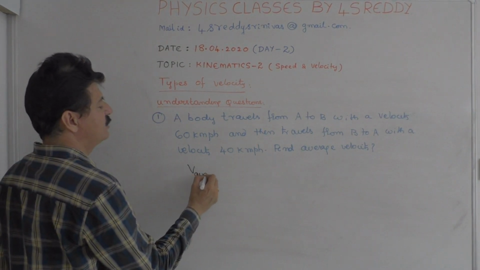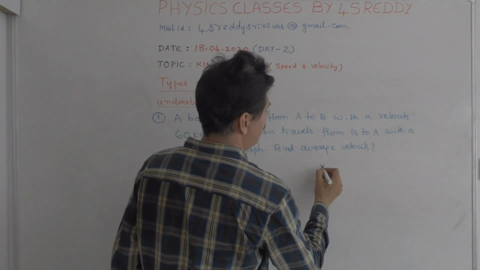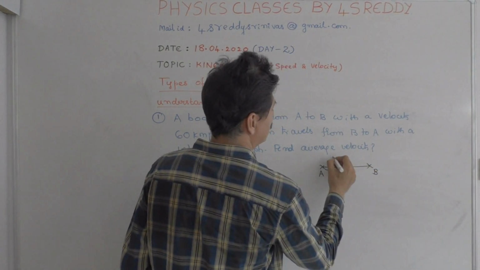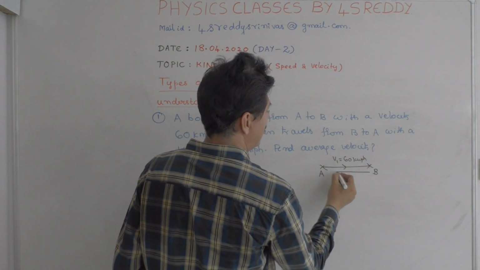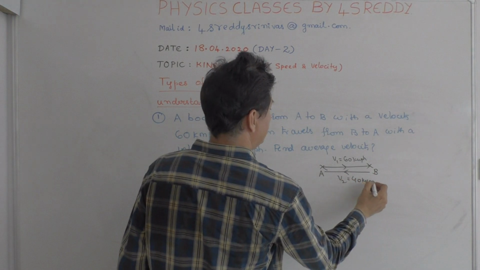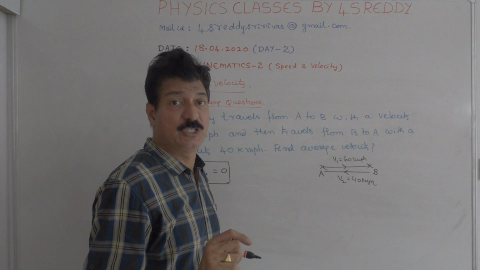V average is 0. Why? Because it travels from A to B first along this path with V1 as 60 kmph. Again it comes back to the same point. So the initial point is A and the final point is also A, so net displacement is 0.